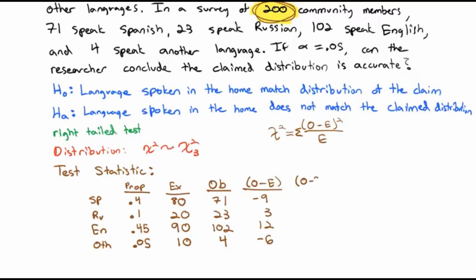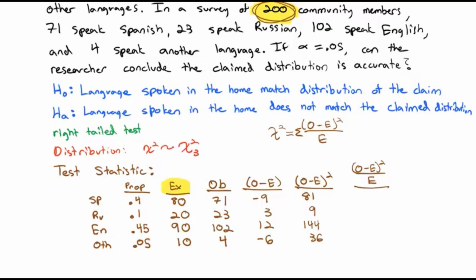Then we square those values. The observed minus expected squared. 9 squared is 81. 3 squared is 9. 12 squared is 144. And negative 6 squared is 36. Now we take the observed minus the expected squared, and we divide by the expected value. The expected value column is that second column here.